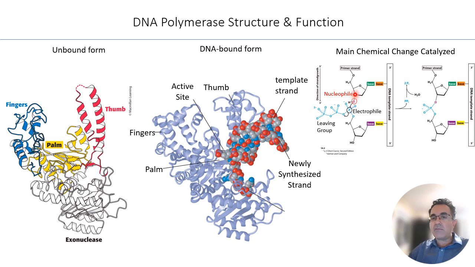We have a 3' OH group that will serve as a nucleophile attacking the positively charged phosphate, the alpha phosphate of the dNTP that is positioned in the active site and which is hopefully making complete Watson-Crick base pairing interactions with its complementary base in the template strand.